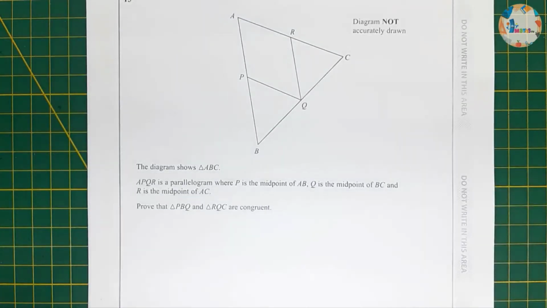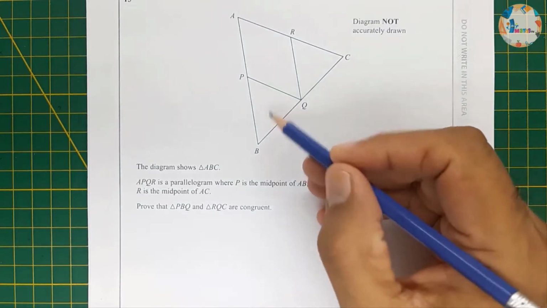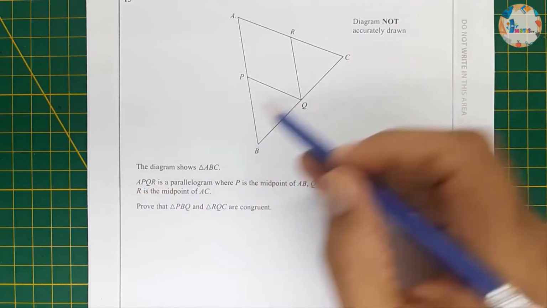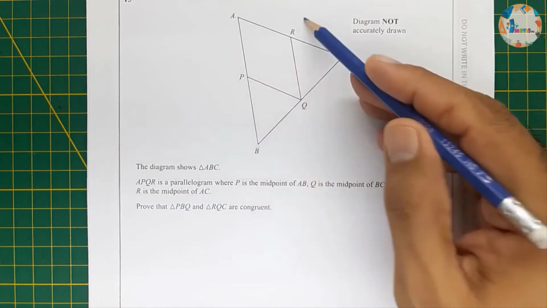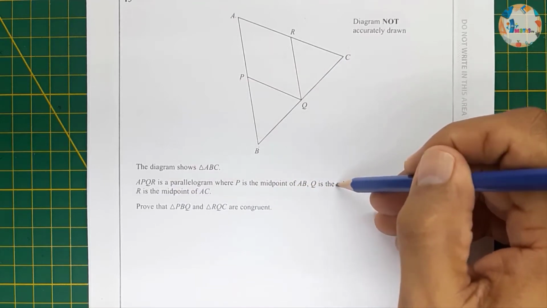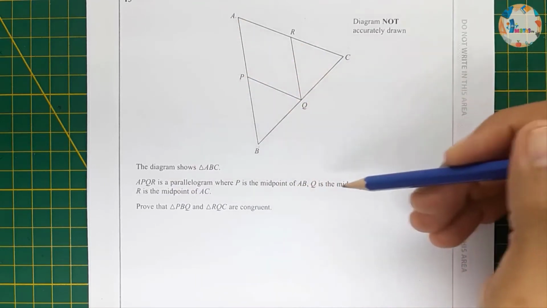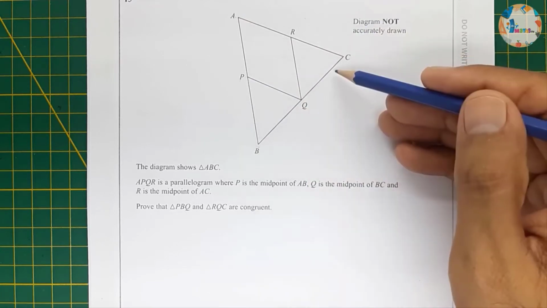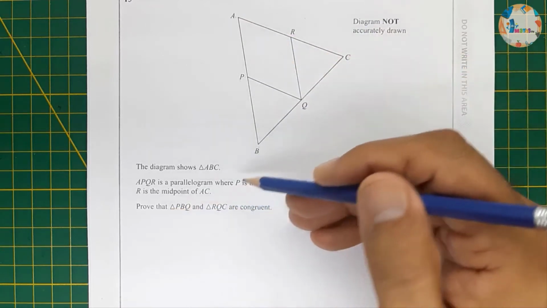Now question number 15. Question number 15 is saying the diagram shows triangle ABC. APQR is a parallelogram where P is the midpoint of AB, Q is the midpoint of BC, and R is the midpoint of AC.